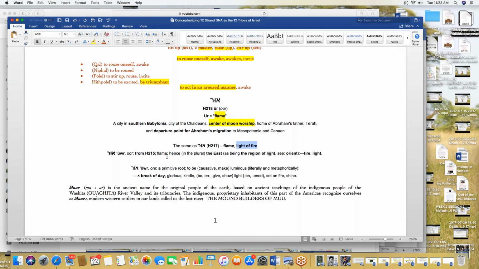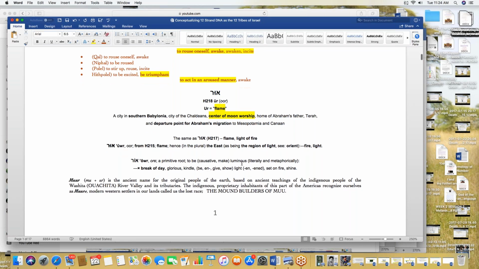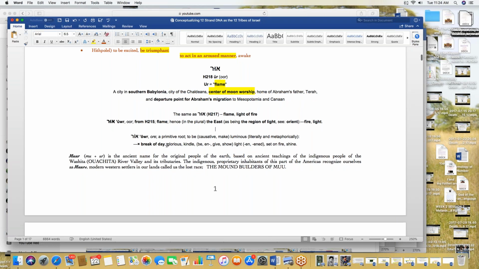And again, this word Ur, meaning a flame, from H215, means the east. This is where the sun begins to rise, as the region of light. And the word Ur, meaning the break of day, glory, to shine, to be kindled.